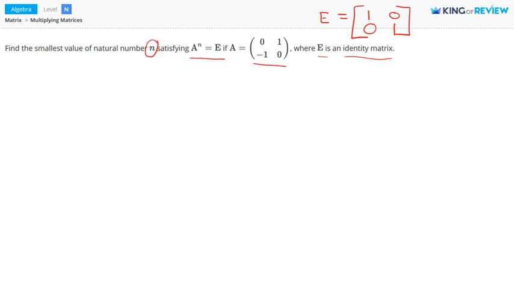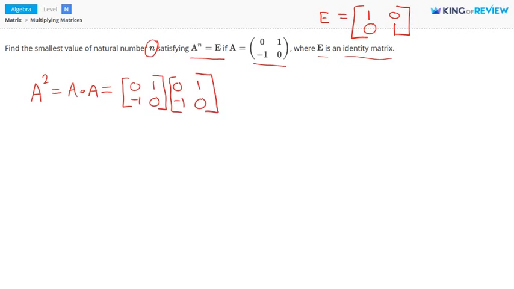So let's take a look at if we have A squared. What would A squared be equal to? A squared is just A times itself. So this equals 0, 1, negative 1, 0 times itself, 0, 1, negative 1, 0.